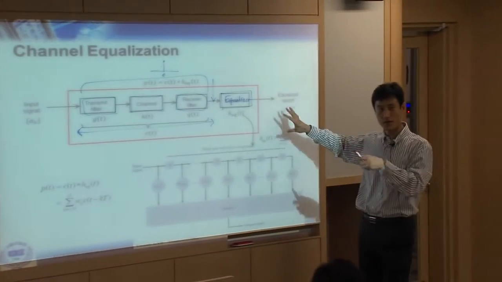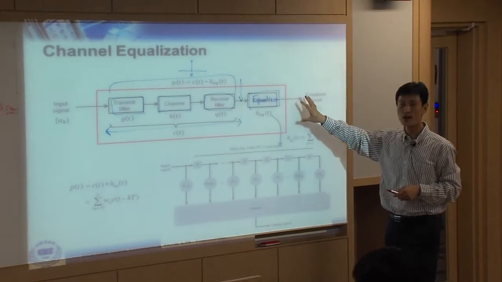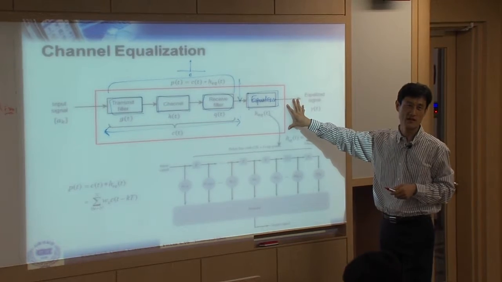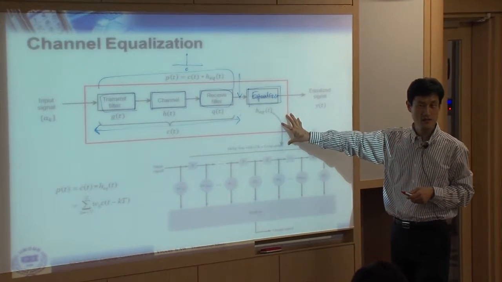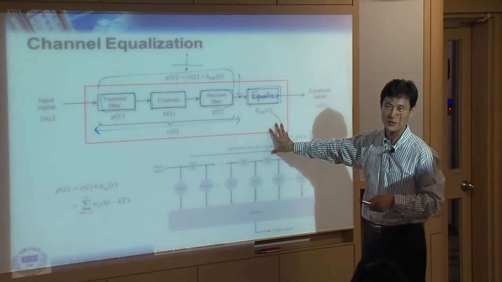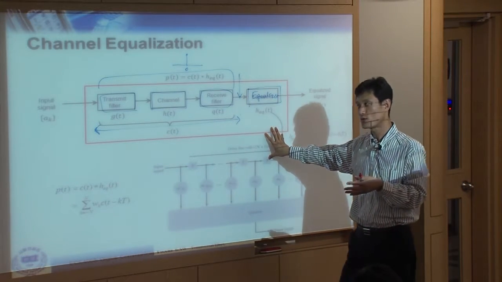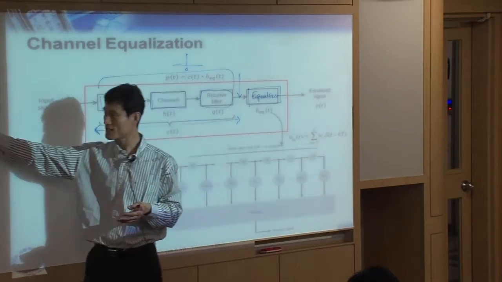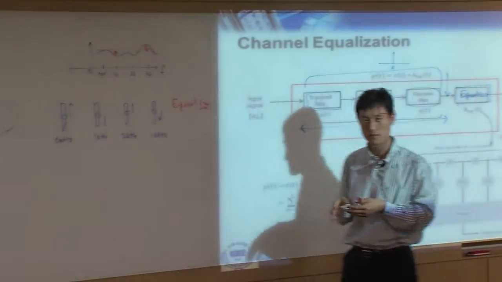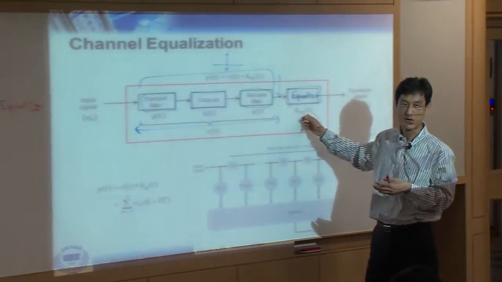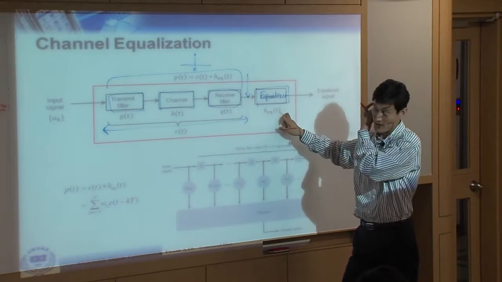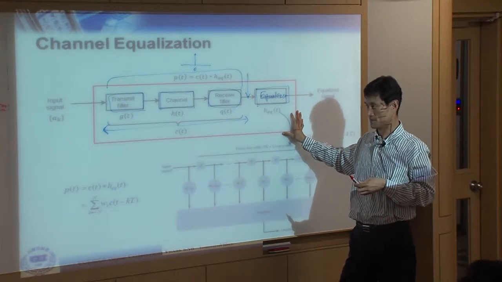Then coming back to our picture, we are not talking about audio here. Our system is not an audio system; it is a communication system. Then what's the relationship between the equalizer in an audio system and the equalizer in our system? Why do we have the same name?